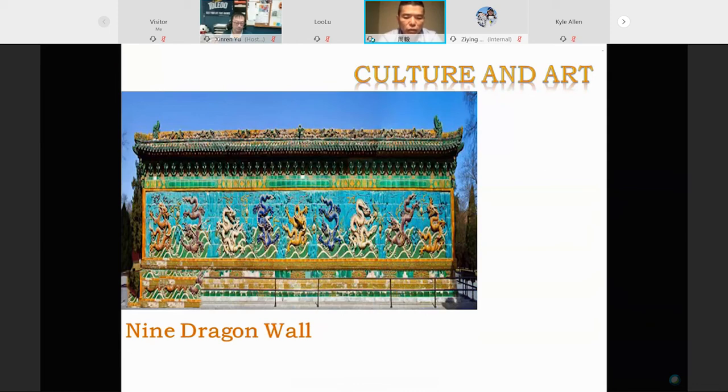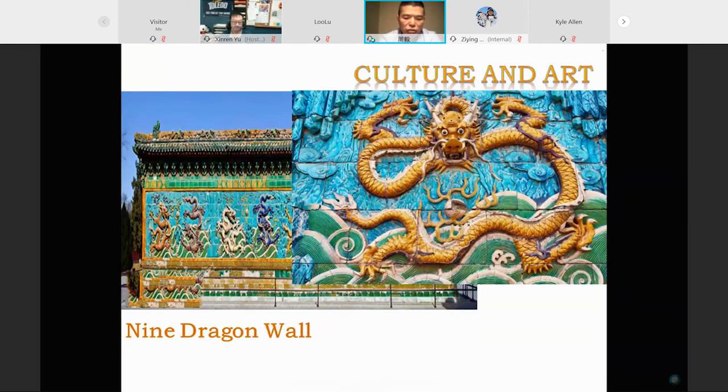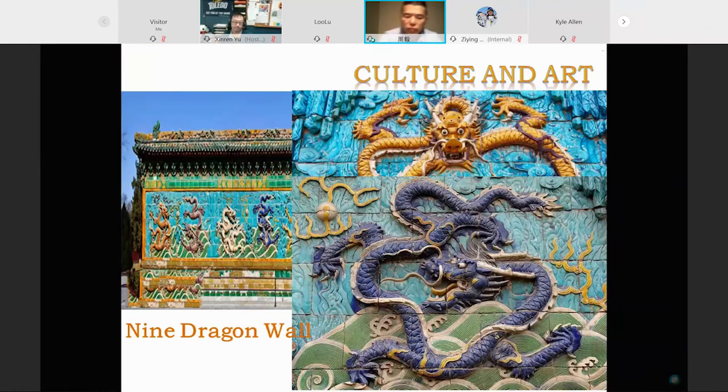And the blue dragon, the white dragon, the purple dragon, and a yellow dragon at its two sides. Each dragon has different gestures and facial and body features, and each of them is vivid as if they are alive.